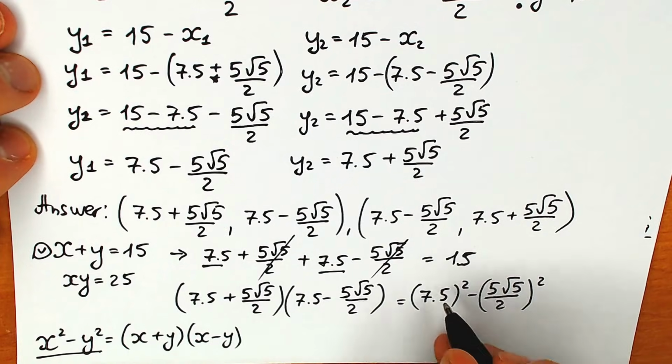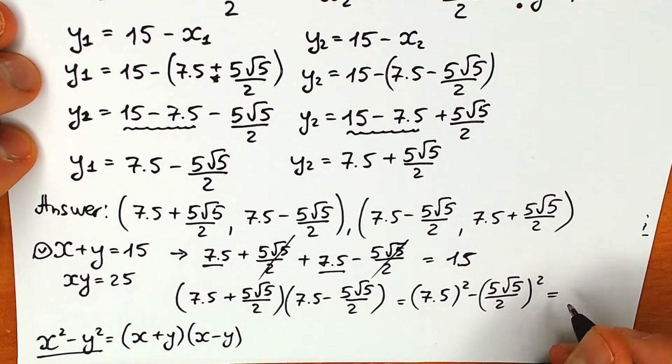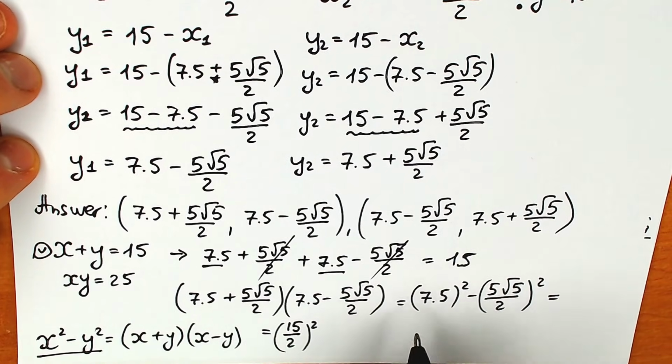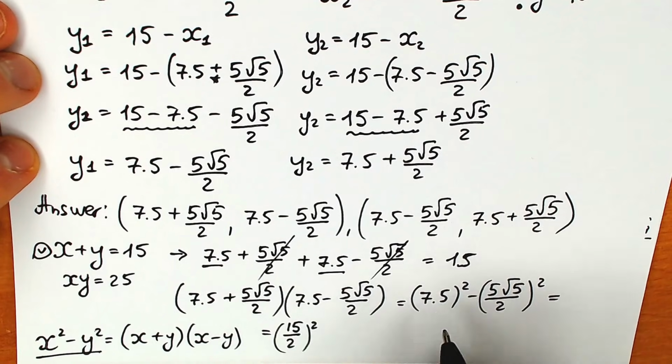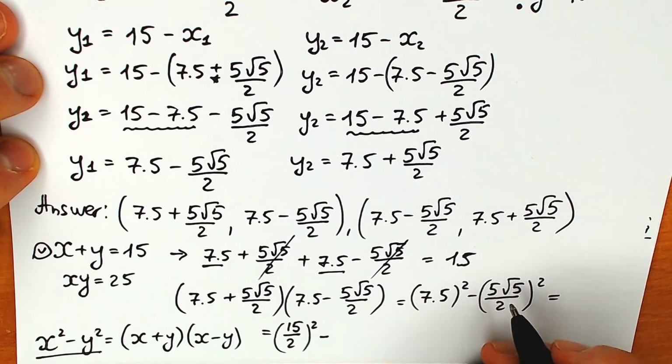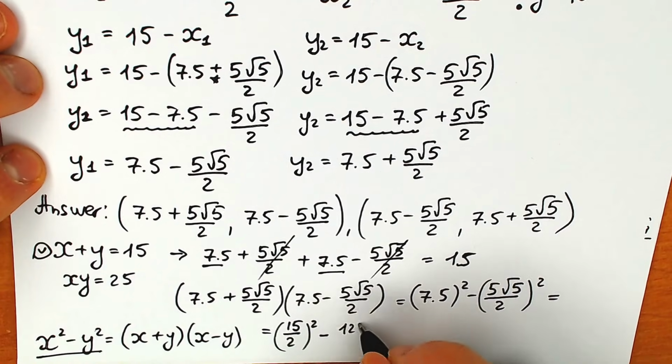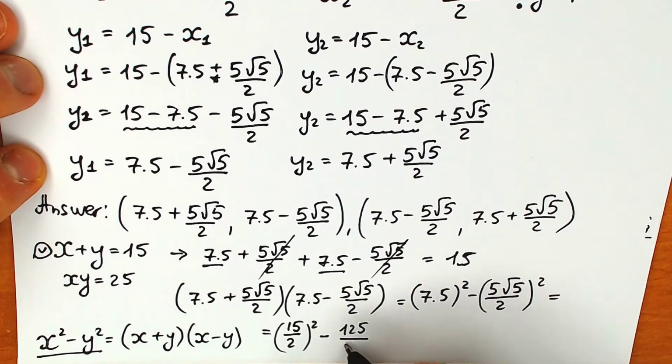Right now, it's much easier for us to work with the squares in a different way. We can write it as 15 halves, so we can go back to the beginning. So this is (15 over 2) squared. With squares, it's much easier to work with the fractions, because it's much longer to multiply it otherwise. Minus (5 square root of 5) to the second power, equal to 25 times 5, which is 125, over 2 squared, equal to 4.